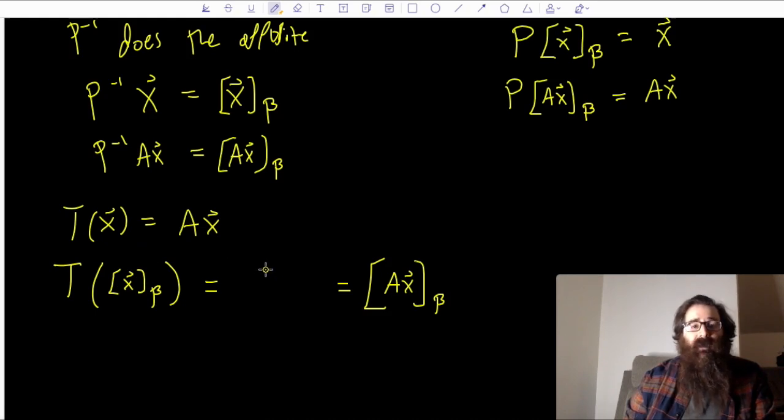That's going to be some matrix, call that matrix C for Corey, times this input vector, which is x in this coordinate system beta. So I'm hoping this is some matrix C times my input vector, and that this gives me my Ax in that non-standard coordinate system.